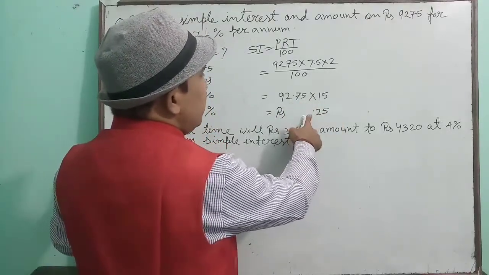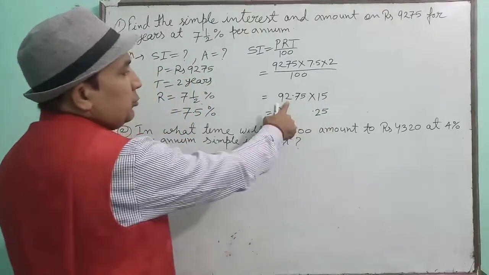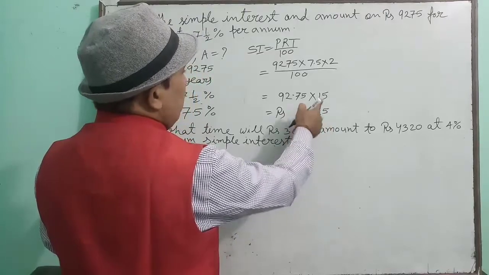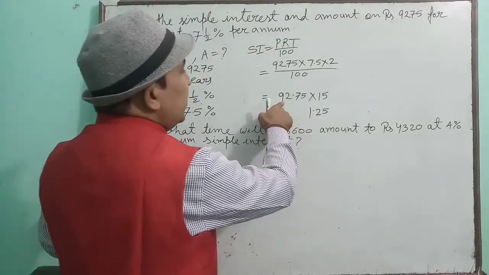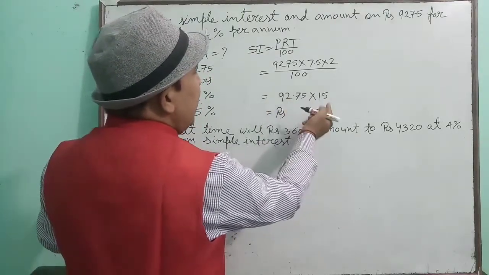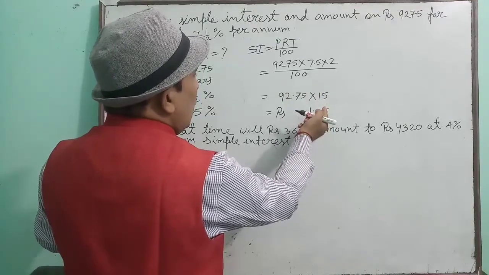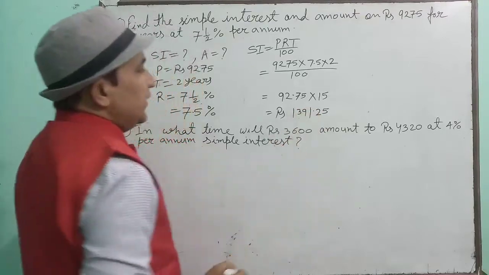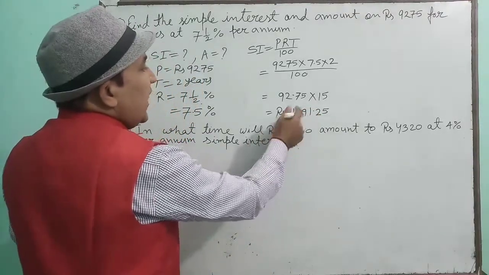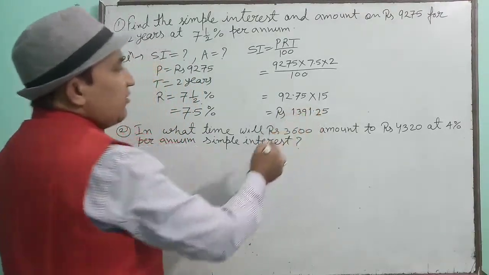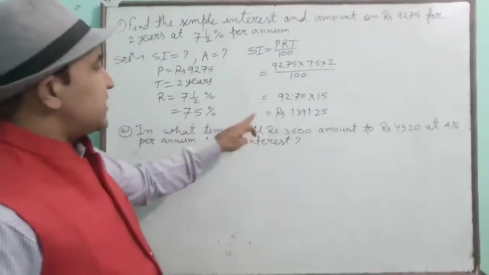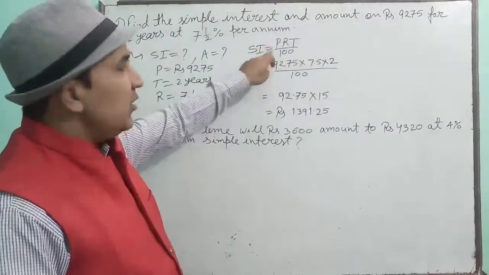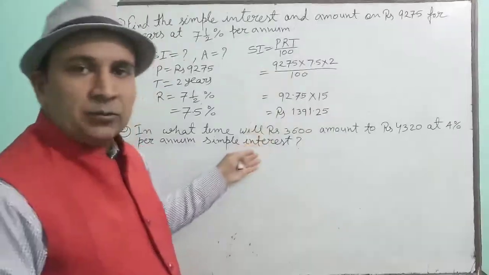There is decimal, so we will put decimal. 15 into 2, 30, 30 plus 11, 41. 4 carry on. 15 into 9, 135, 135 and 4, 139. That means 1,391.25 rupees is the simple interest. Okay, apply the formula, put the values and calculate it.